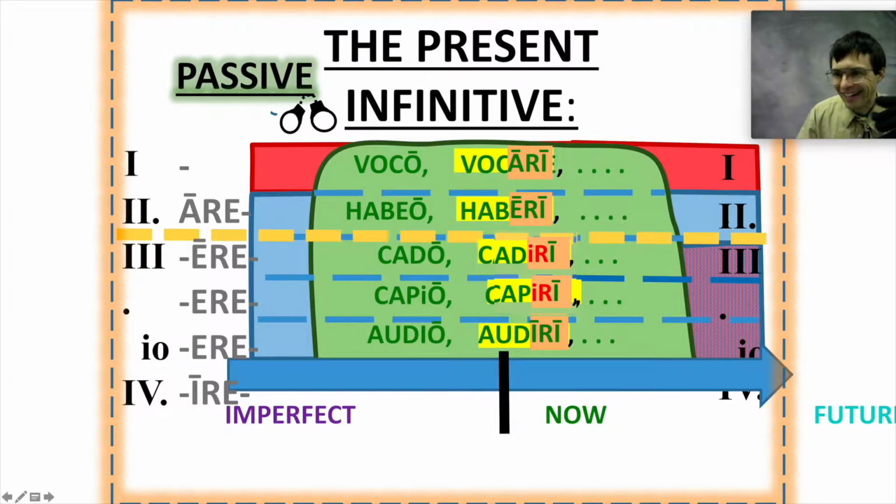So cari became caTi, and capari became capi. That's how it worked. The flutter just was too fast to stay. Unlike other conjugations, where in vocari and haberi and audiri, the A and E and long I are all doing something. They're not just supporting the R following them. So those stayed because they are distinctive.